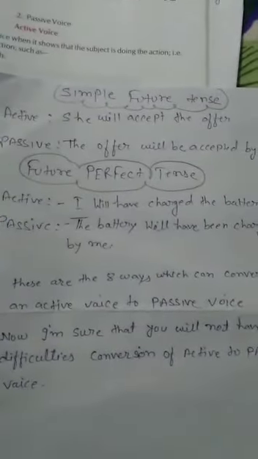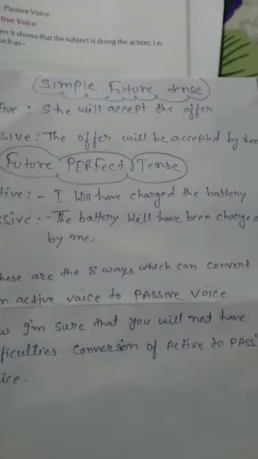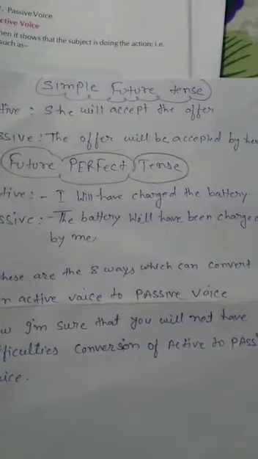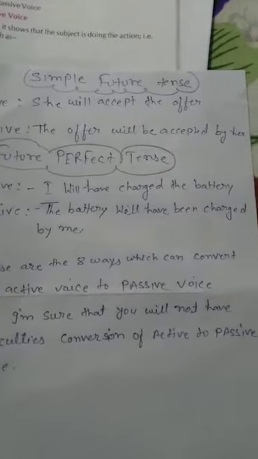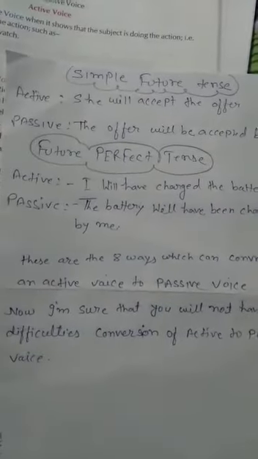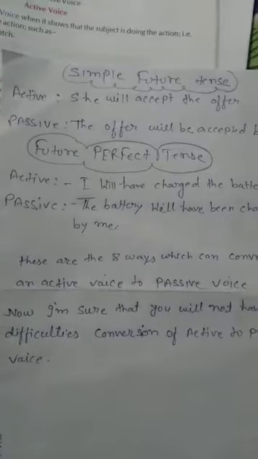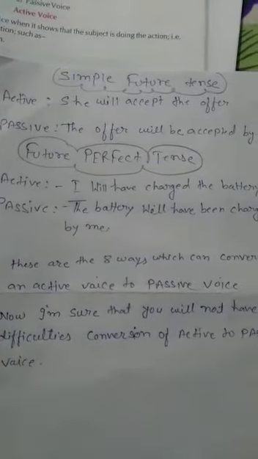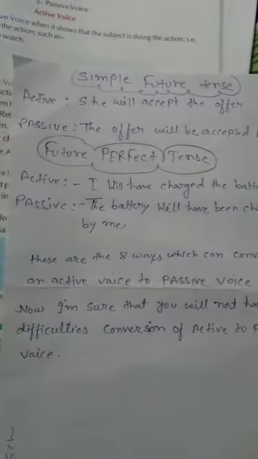Simple future tense. Active voice: she will accept the offer. Passive voice: the offer will be accepted by her. Future perfect tense. Active voice: I will have charged the battery. Passive voice: the battery will have been charged by me.